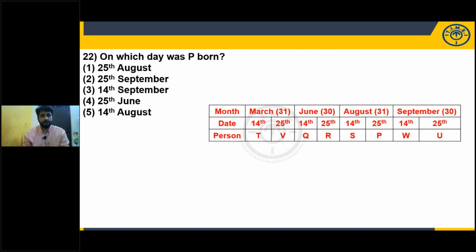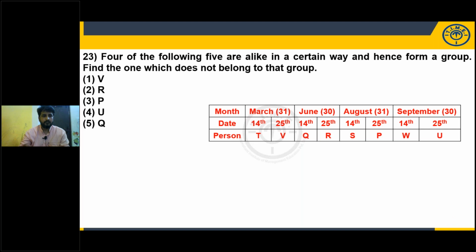On which day was P born? Choice 1. Odd man out question. Choice 5. All were born on an odd number date except Q. Q was born on an even number date.